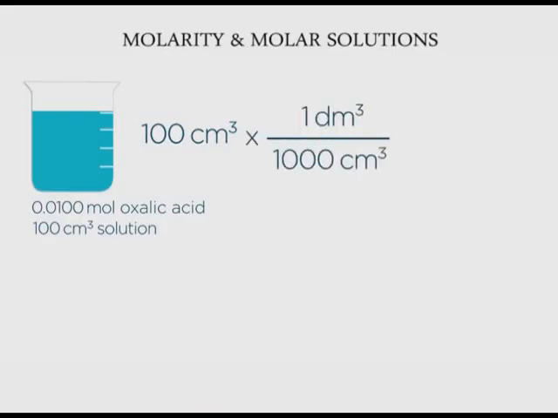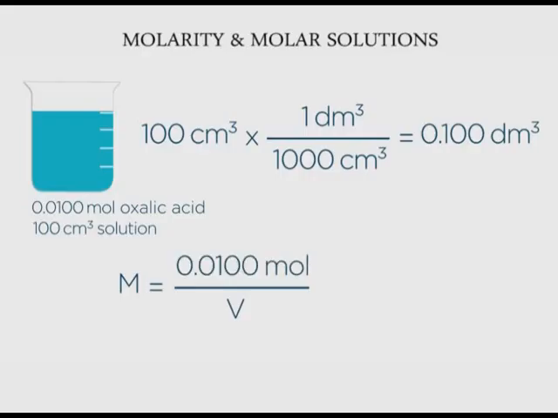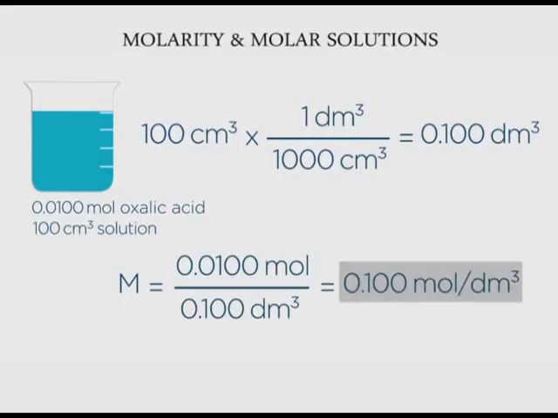So we divide 100 over 1,000 and we get 0.100 cubic decimeters. Then molarity will be equal to 0.0100 moles over 0.100 cubic decimeters. That gives us 0.100 moles per cubic decimeter, which is 0.1 molar.